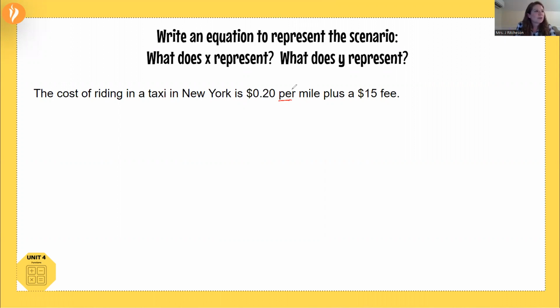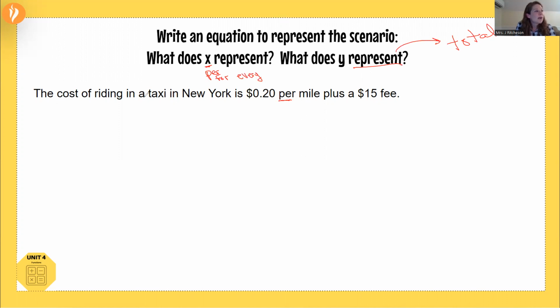That's going to go along with your x variable. Y always represents the total of whatever we're talking about. Here we're talking about money, right? You're looking for the words per or for every. Those are the words that help you realize that's where your x goes.